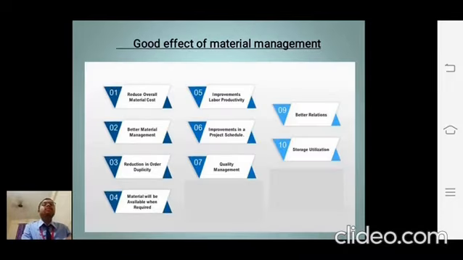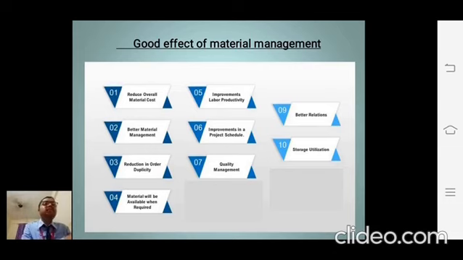So we are seeing the bad effects, but we should understand the good effects of material management rather than the bad effects. It is not necessary to always focus on the bad points, but we should focus on the good effects during analysis of material management.